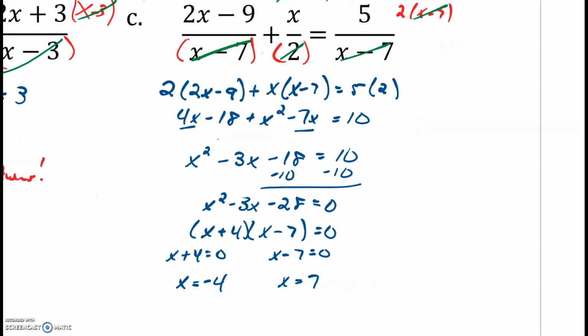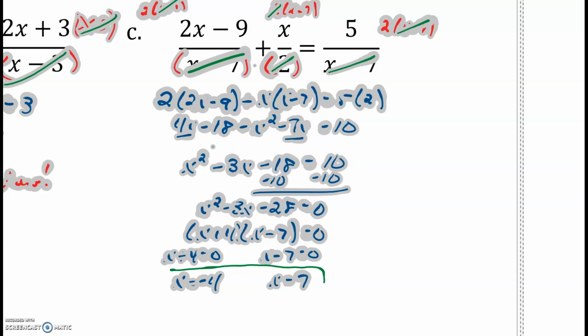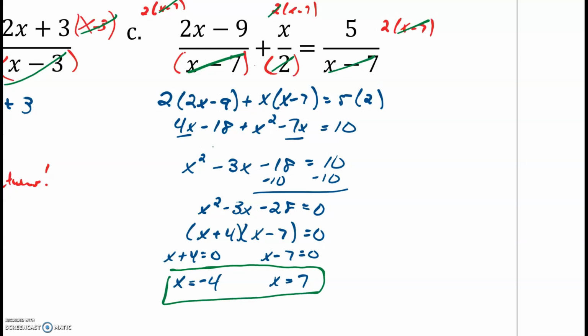Remember, I have to take these solutions and check them in my original equation. I notice that I cannot have an x value of 7. So this x equals 7 is actually an extraneous solution. That's what we call that, an extraneous solution.